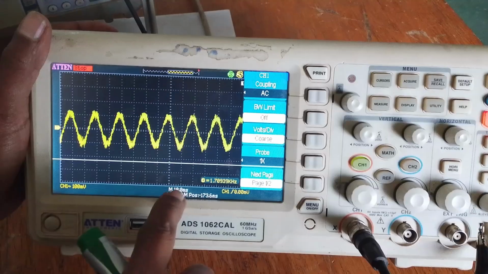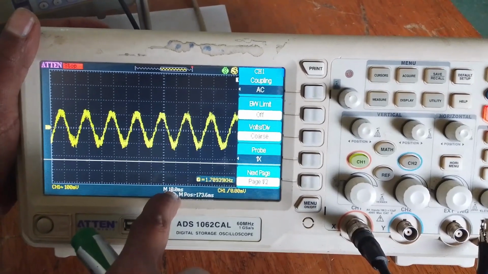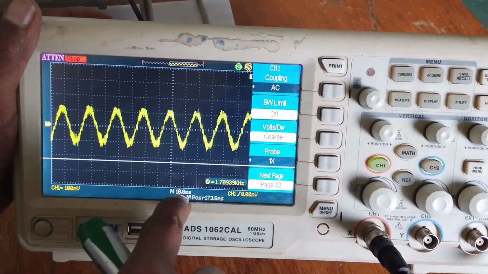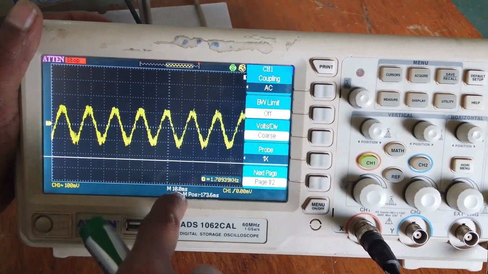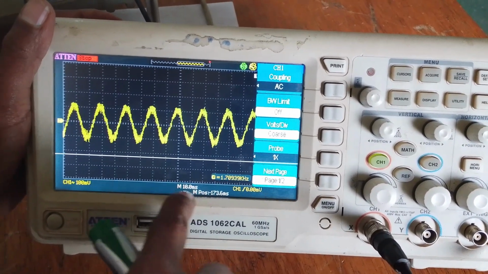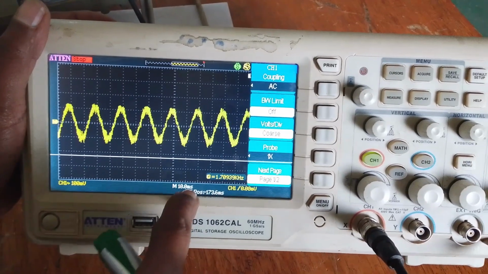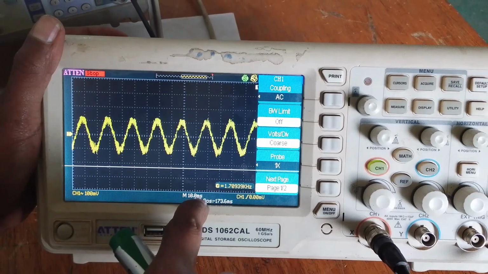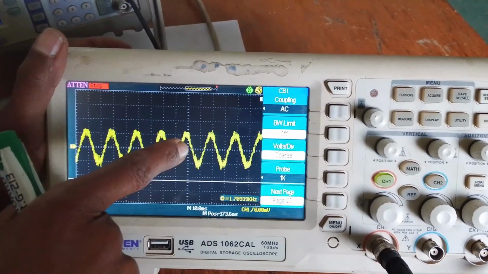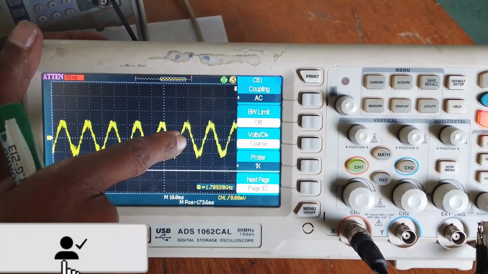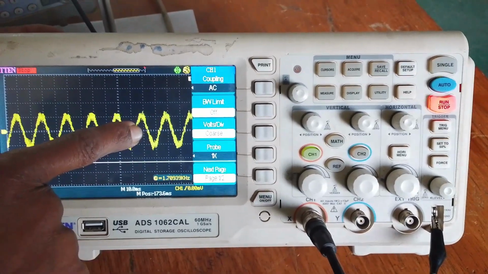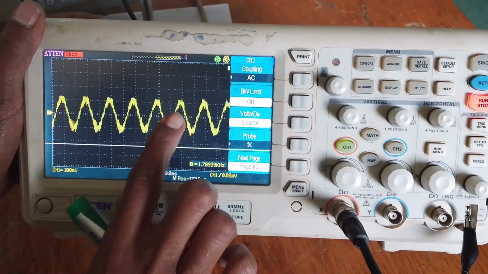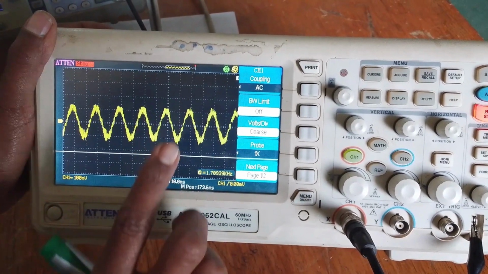So you can use 10 milliseconds times 2, around 200 milliseconds, divided by 1000 to convert into seconds, and you will get around 0.2 seconds. So the signal starts from here and ends here. It requires 0.2 seconds. So from these second intervals you can calculate the frequency.